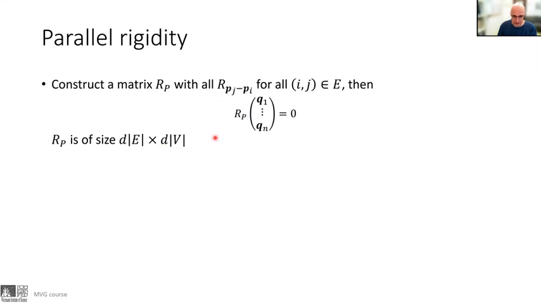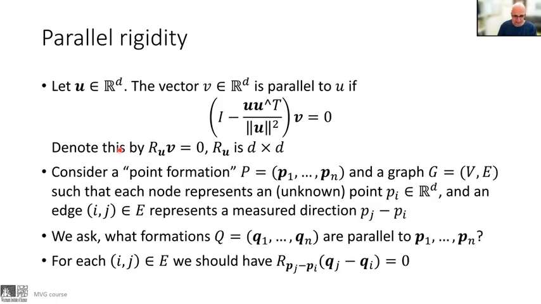For that, we need to ask how many equations we have. The absolute value of E is the number of edges, and each edge gives you d equations, because the projection matrix is d by d.